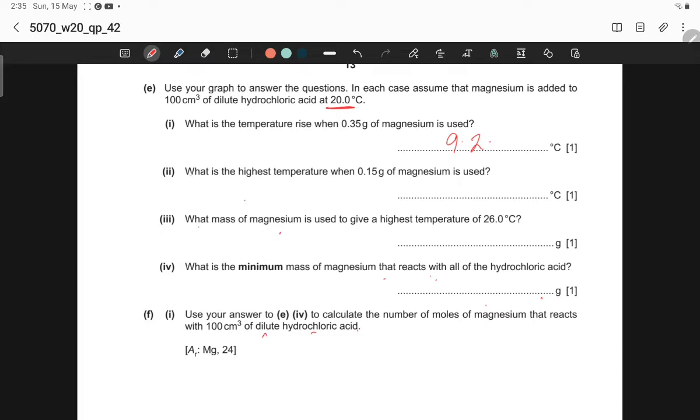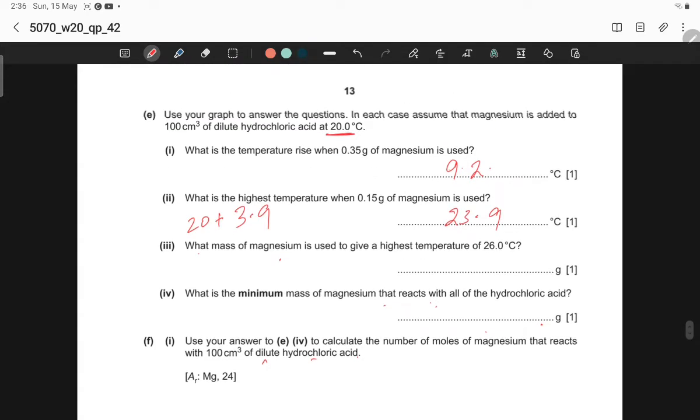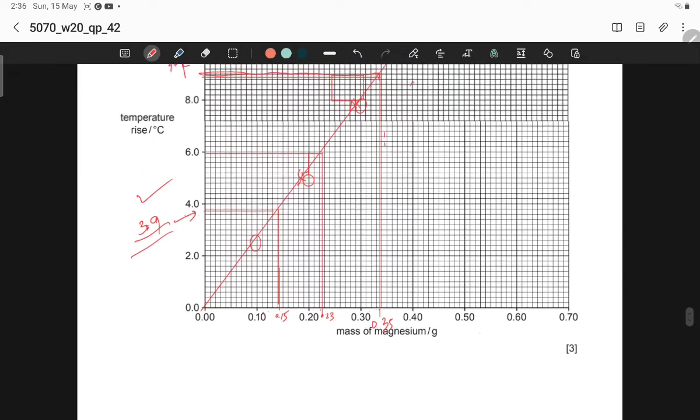So 20 plus 3.9 will be 23.9 degrees centigrade.